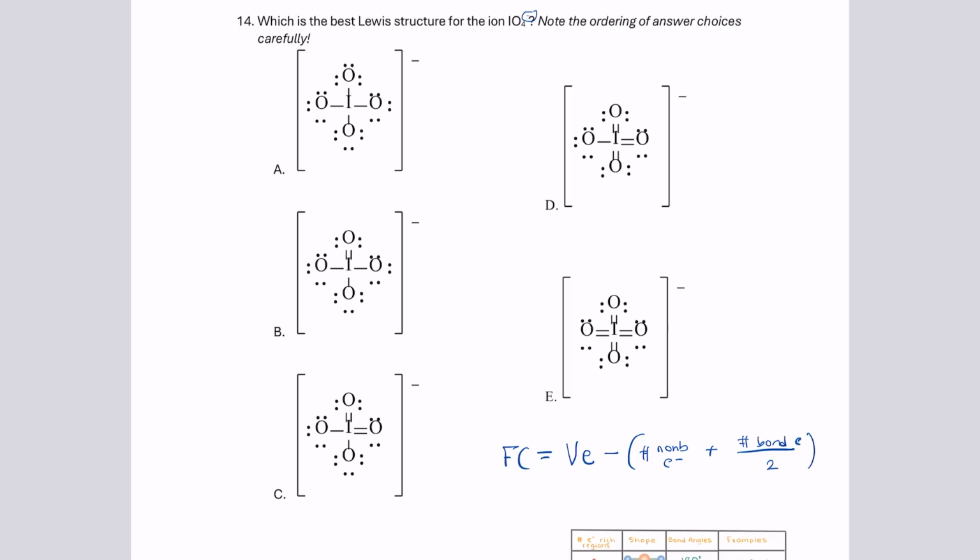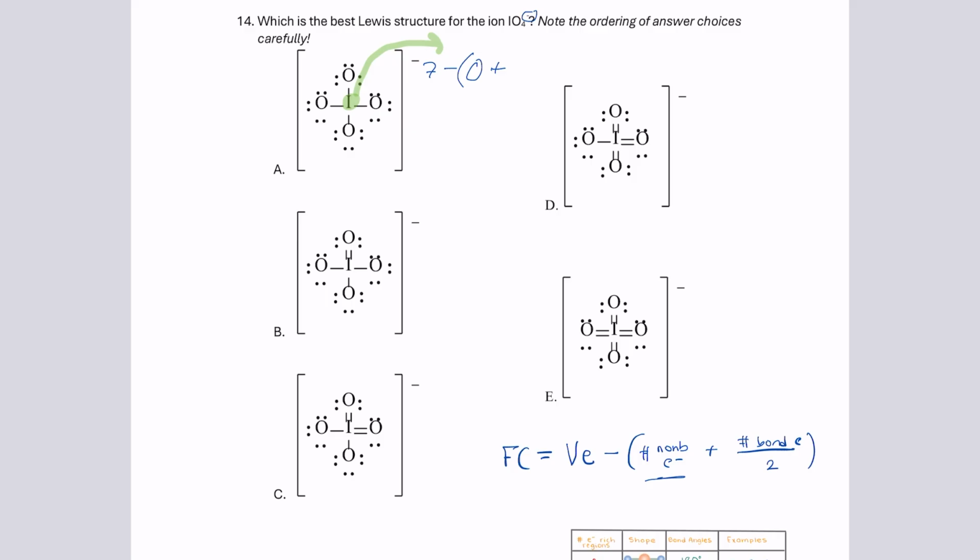We're going to start with option A, and we're going to first calculate the formal charge of iodine, which is our central atom. Here, the number of valence electrons for iodine is going to be 7. Then we're going to subtract the number of non-bonding electrons, so lone pairs. There's no lone pairs on iodine here, so 0, plus the number of bonding electrons divided by 2.